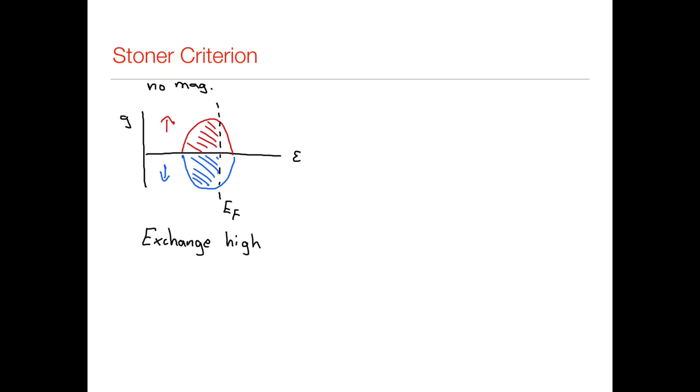How could we lower the exchange energy? Well, if we have more states where the spins are aligned, that would lower the exchange energy. So there's another possible scenario, and if I include the exchange energy, what could happen is I would lower the energy of these states, and I would raise the energy of these ones.